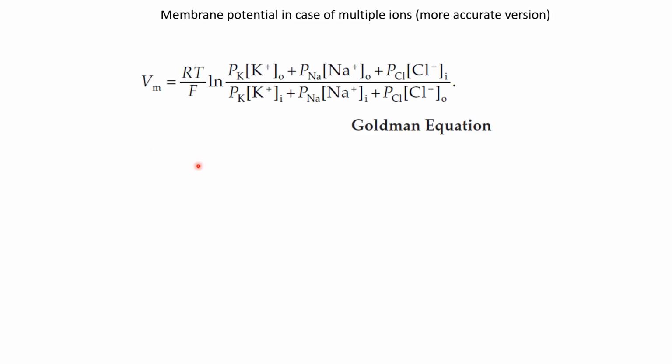So the final expression for the membrane potential, taking into account all types of channels and pumps, is given by the Goldman equation, also known as the Goldman-Hodgkin-Katz equation.